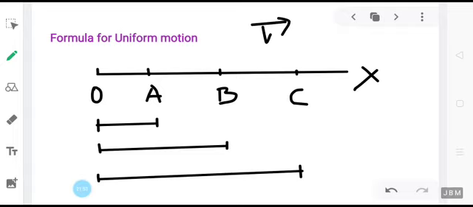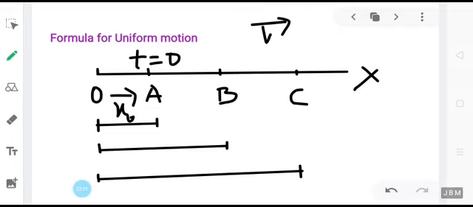Let the origin for position measurement be at point O and the origin for time measurement be taken at the instant when the object is at A, such that OA vector is equal to x0.